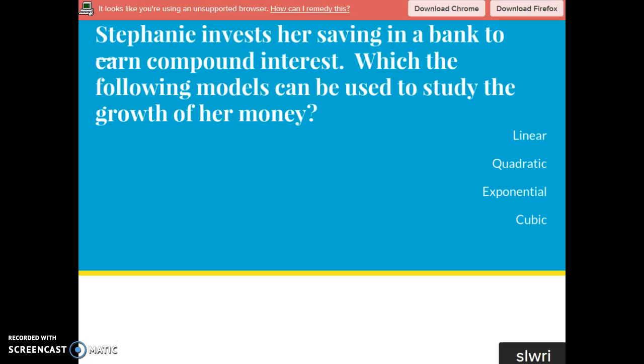Our first question says, Stephanie invests her savings in a bank to earn compound interest. So I must have had some money and I put it into the bank for compound interest, which is different from simple interest. Which of the following models can be used to study the growth of my money?